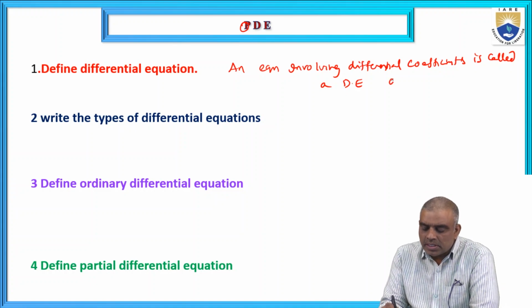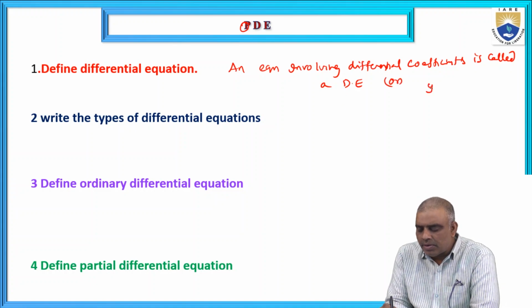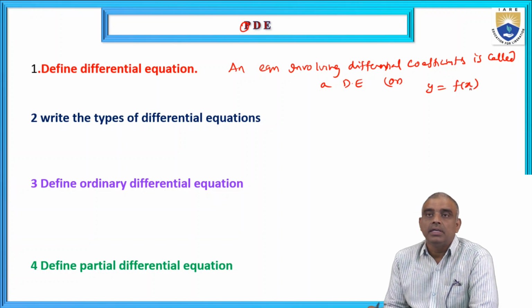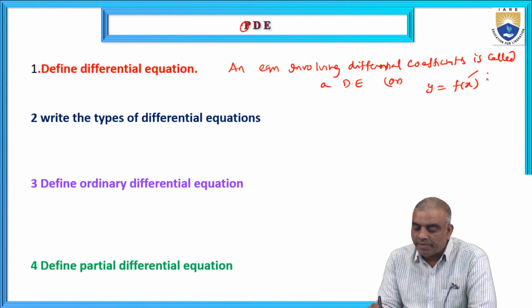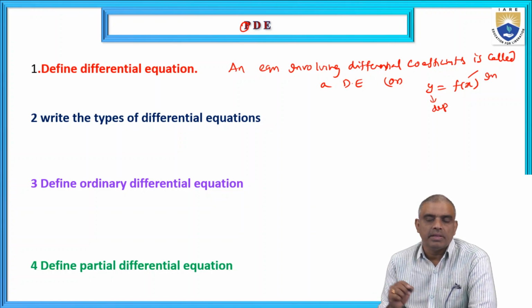Or in other words, I can say that if y is equal to f of x is any given function, x is the independent variable and y is the dependent variable, because y depends on the values of x.